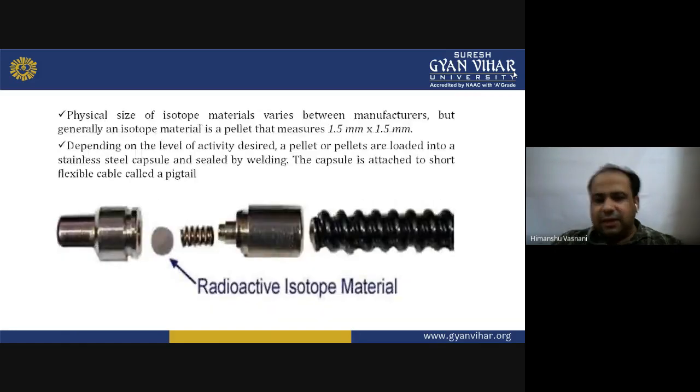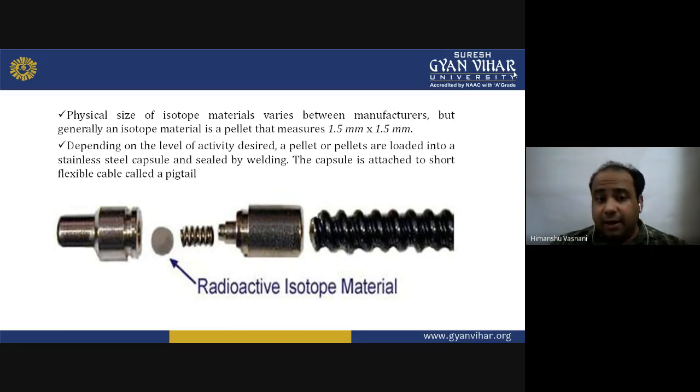Now you can see in the diagram how this radioactive isotope material is arranged. Physical size of an isotope material varies between manufacturers, but generally an isotope material is a pellet that measures 1.5 mm by 1.5 mm.